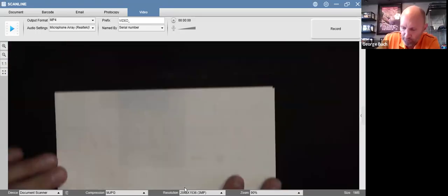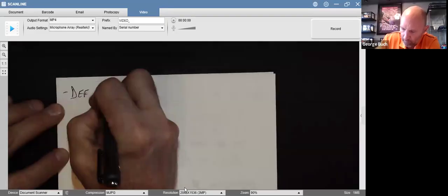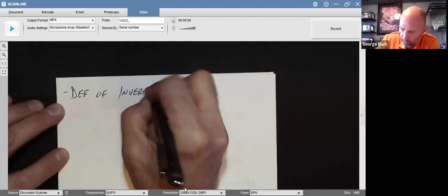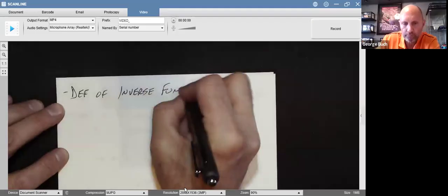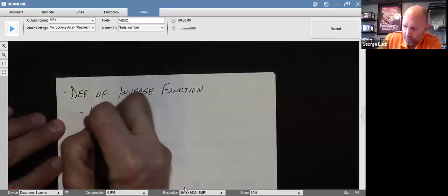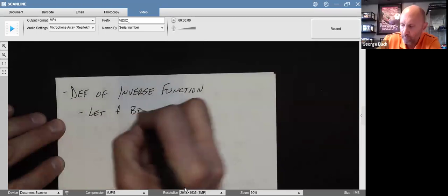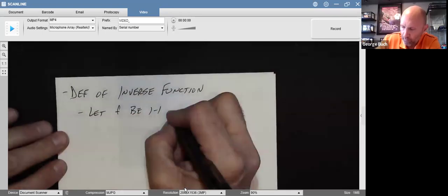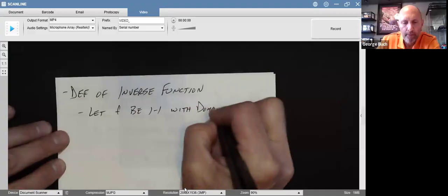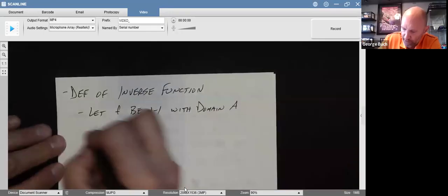So, definition of the inverse function. Let f be 1-to-1 with domain A and range B.